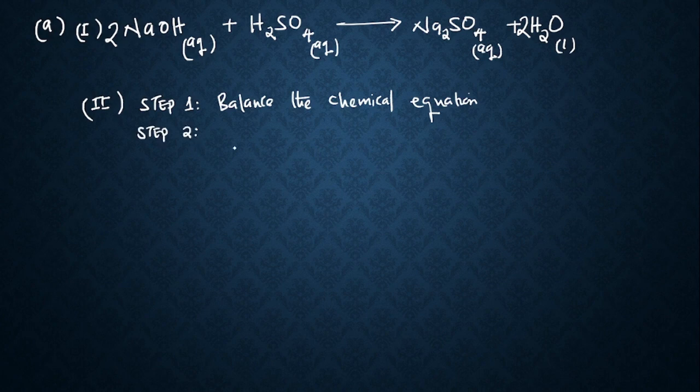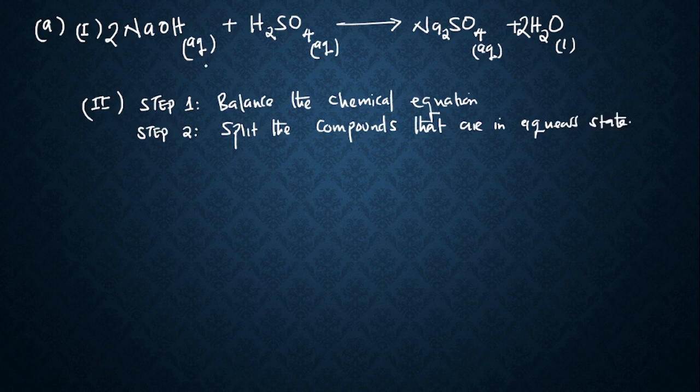Step 2 tells us to split the compounds that are in aqueous state, only. Sodium hydroxide is in aqueous state, so we say 2 Na⁺ plus 2 OH⁻, because that 2 is for everything there.